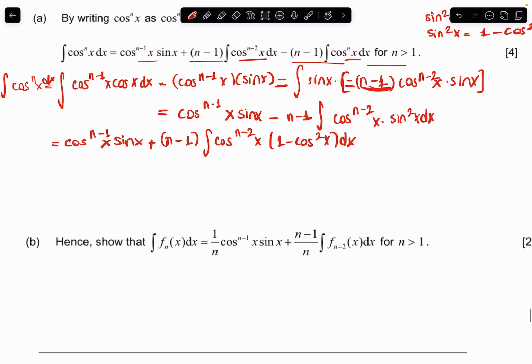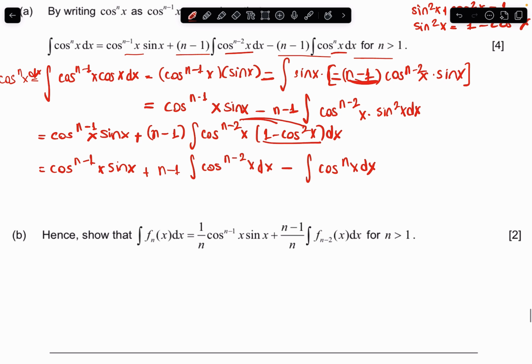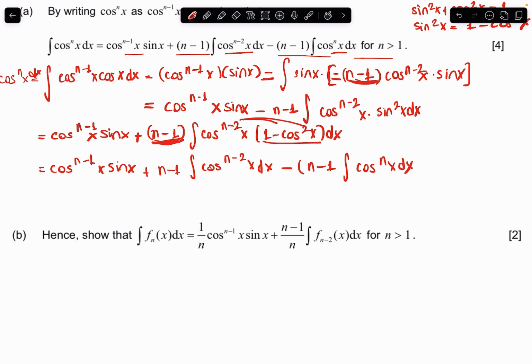We can also write this as cosine^(n minus 1) x sine x plus (n minus 1) times the integral of cosine^(n minus 2) x dx minus the integral of cosine^n x dx. But of course I forgot to put an (n minus 1) here too.